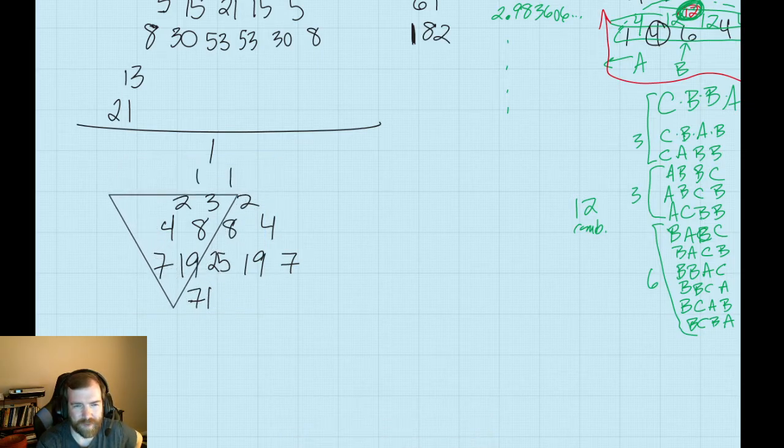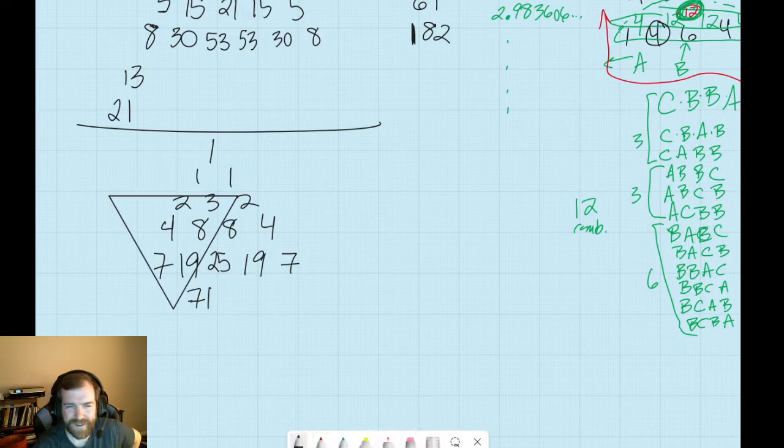I could look up my literal data. 26, 12 is 38, and 5 is 43. And then this is going to be 2, 4, and 7 is going to be 13 to go on the end. So 13, 43, 71.